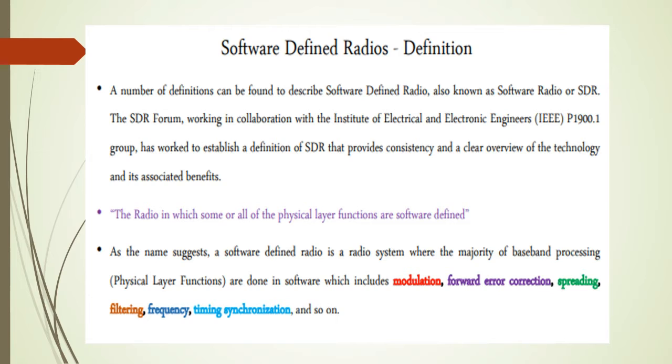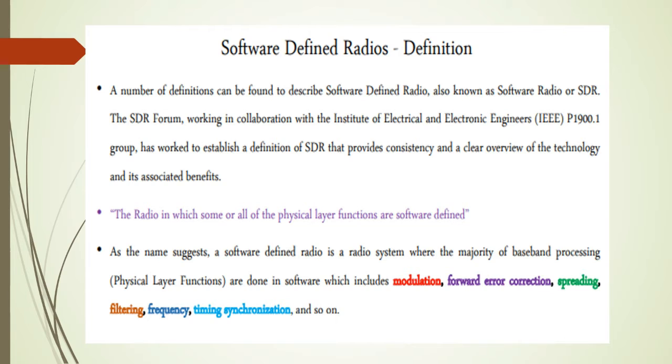The SDR Forum, working in collaboration with the Institute of Electrical and Electronics Engineers group, has worked to establish a definition of SDR that provides consistency and a clear overview of the technology and its associated benefits. The definition is: radio in which some or all physical layer functions are software defined. When all or some of the physical layer functions of a radio are defined in software, it is called software defined radio. Clearly understood?